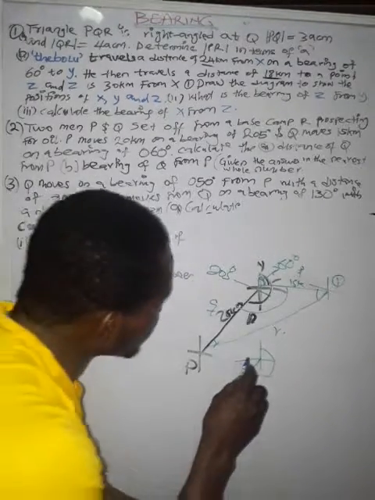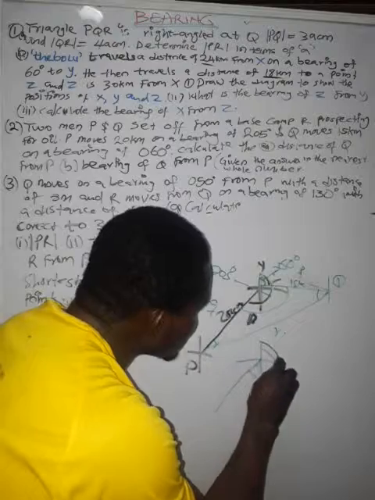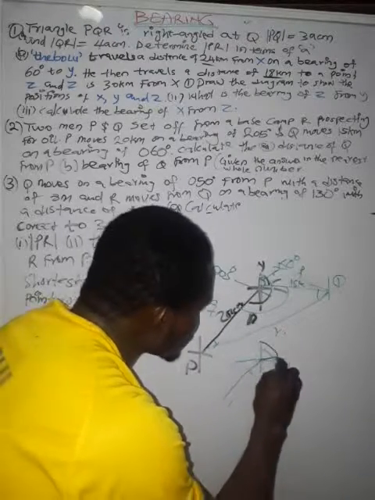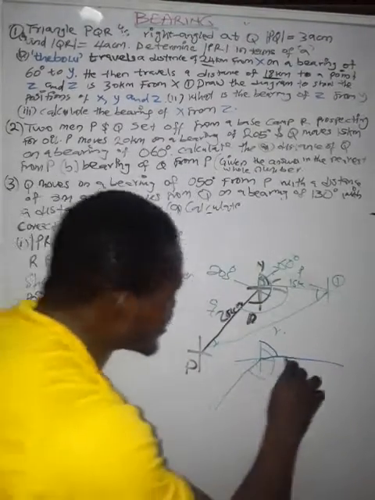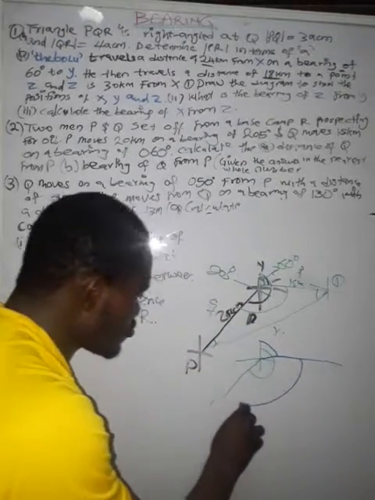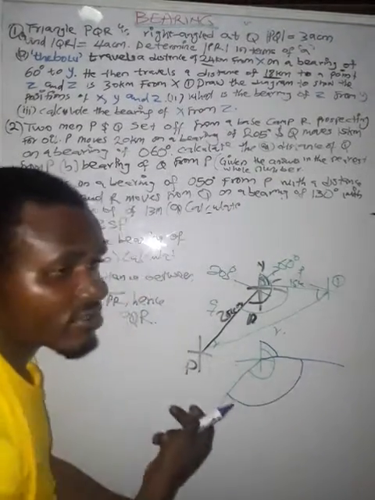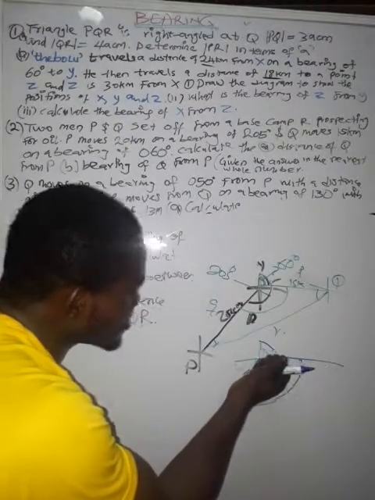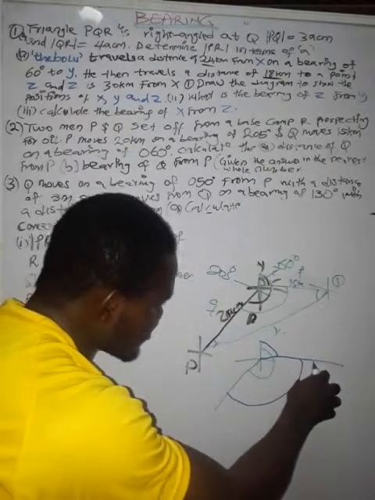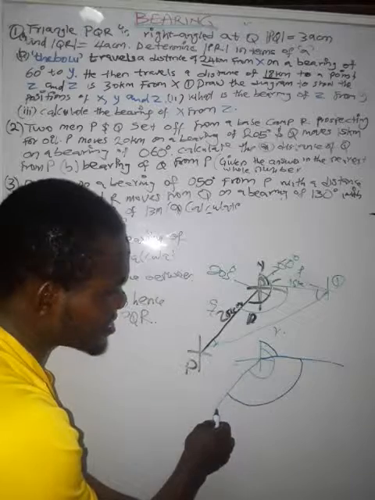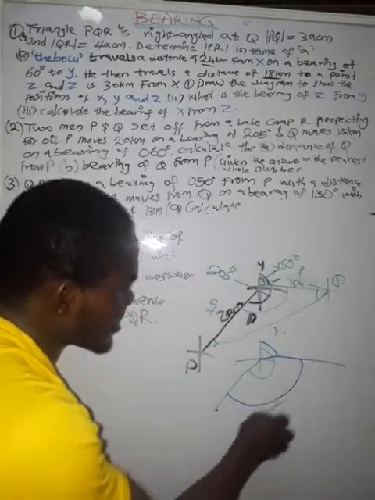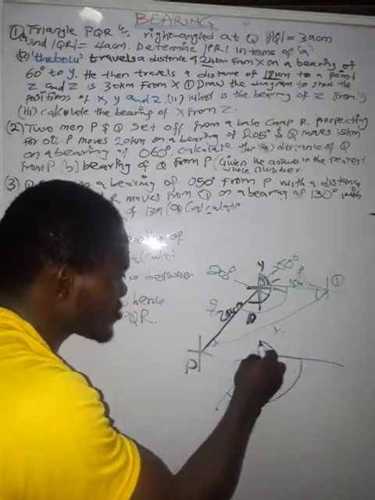The second one moves like the 60 and stops. Now I need everything from here to here. If I remove 60 from 205, I'll get from here to here. If I add 60 to whatever I get from here, I'll get it from here to here.